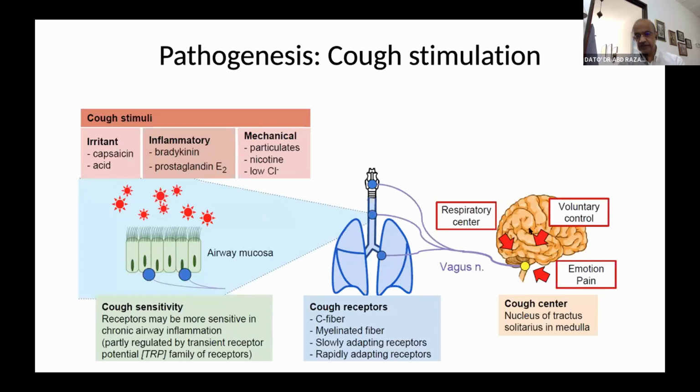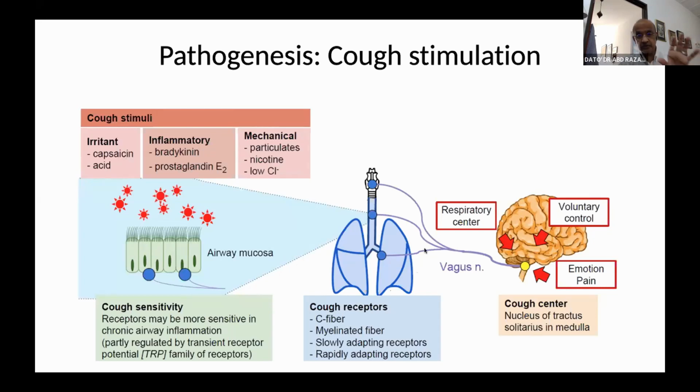The brain center is where they will actually trigger the cough automatically. And all these signals are sent to the brain by the vagus nerve. So there can be a cough trigger in your throat, in your large airway, and also in your small airways. These are all brought over there by the C fibers and the myotic fibers. And the cough center they call the nucleus tractus solitarius in the medulla.